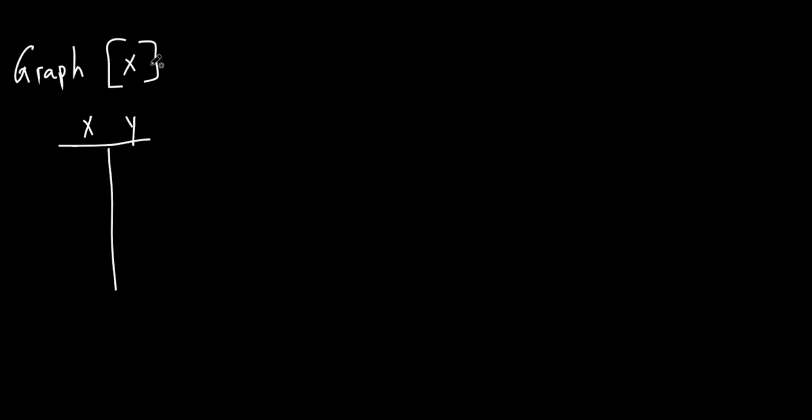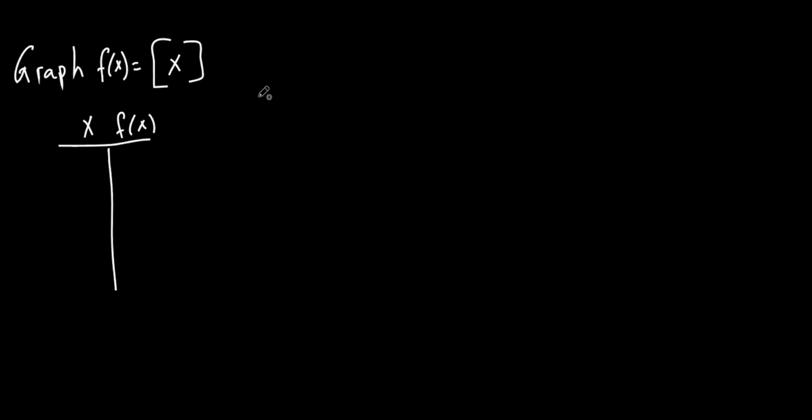Or f of x equals, is really how they're going to write it. They probably won't use the y here. Instead of putting y here, I'll put f of x. It means the same thing, but this is how you'll see it.